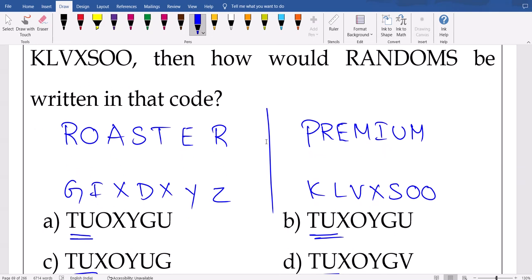R is 18, G is 7. But if you observe, 18 and 7 is minus 11 here, whereas here 16 and 11, randoms is KLV. So here 16 to 11 is minus 5 only. Not suitable in that way. So you have to think in a different direction. You have to see the question in a different direction.